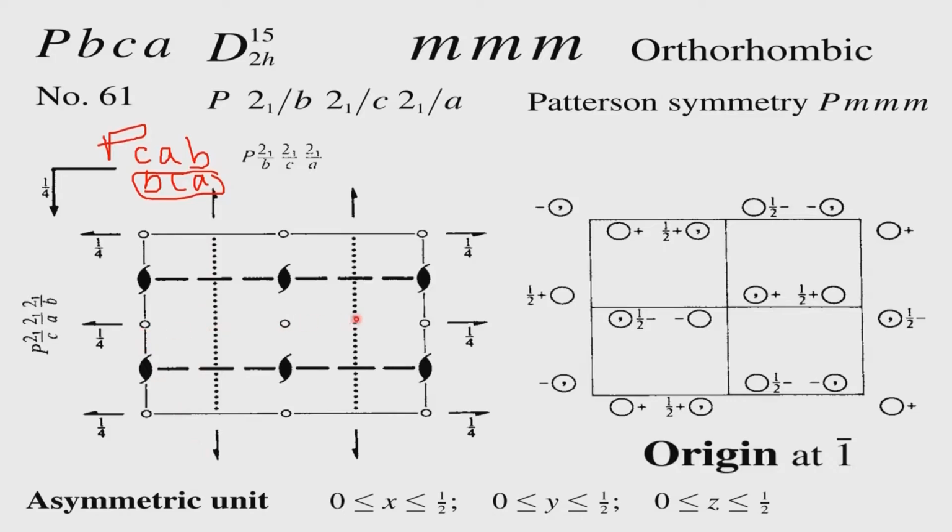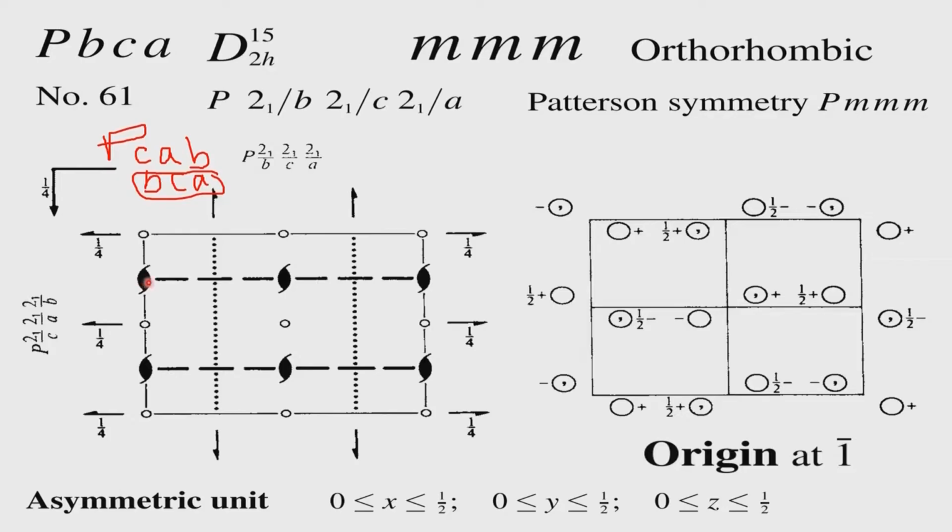So, this is the glide direction, and similarly the B axis and the C axis are also having glide planes with a 2-1 screw which is now removed by 1/4 here, and in this case again it is in plane.